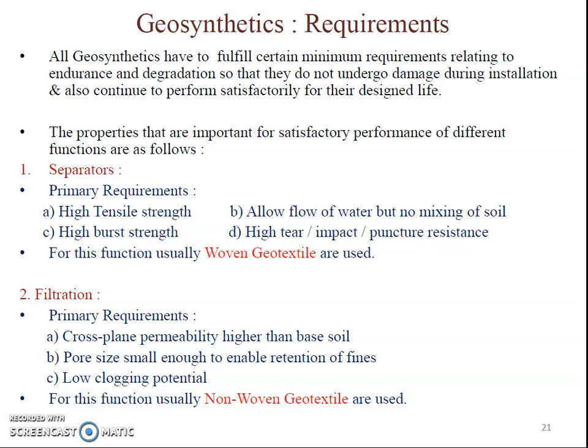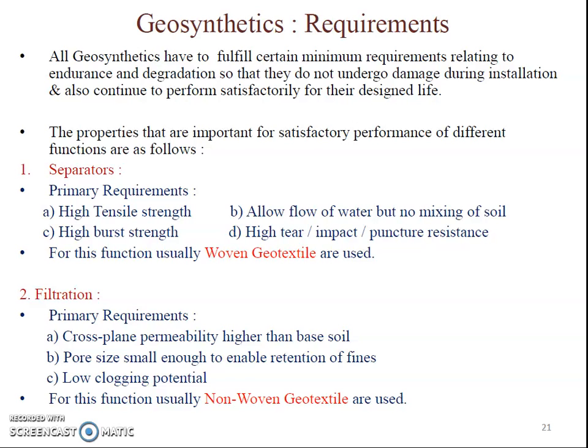In that case the geosynthetic should provide good drainage conditions but not let the soils mix with each other. Then high burst strength, meaning the strength of the material should be very high. Then high tear, impact and puncture resistance.